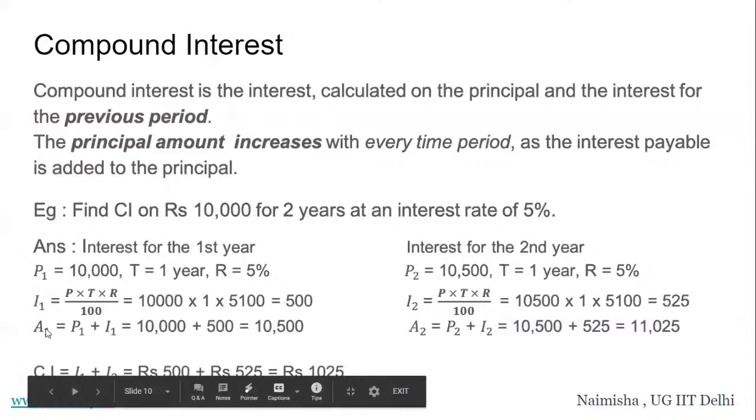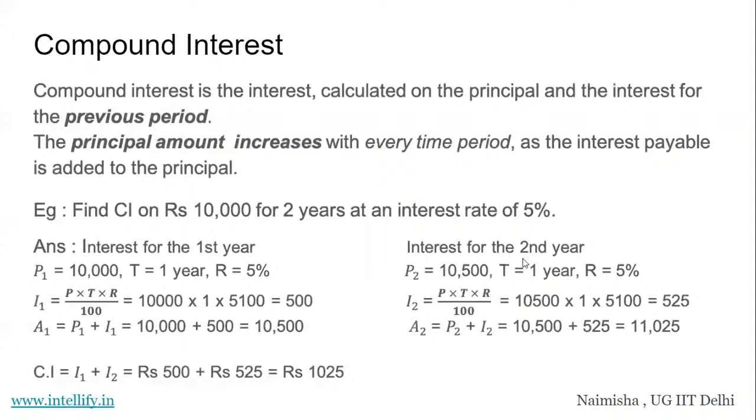We know amount is equal to principal amount plus interest, which becomes 10,500. This amount is the principal amount for the second year. Coming to the calculation for the second year, the principal amount is 10,500, time period 1 year, rate 5%.